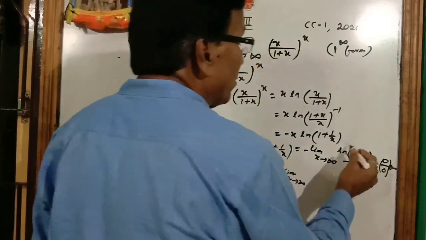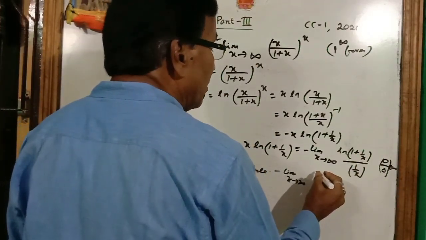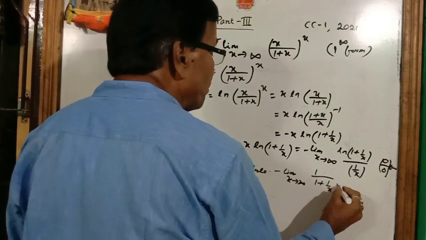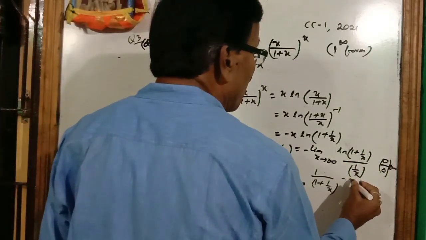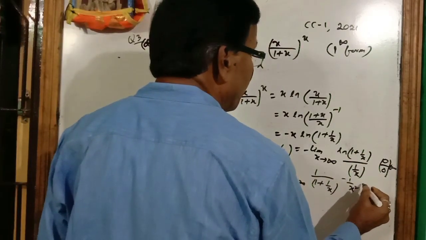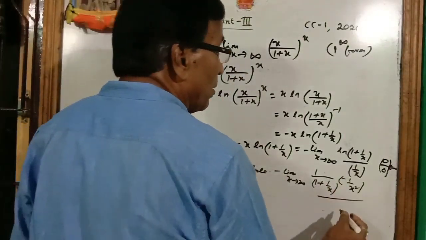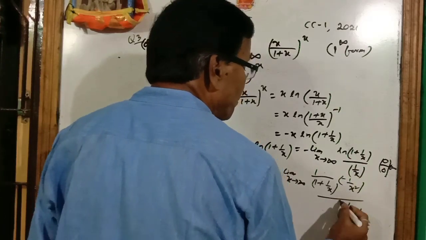What is the derivative of this? Log of (1 plus 1 by x), its derivative is 1 by (1 plus 1 by x), times the derivative of (1 plus 1 by x), which is minus 1 by x square, divided by the derivative of 1 by x, which is also equal to minus 1 by x square.